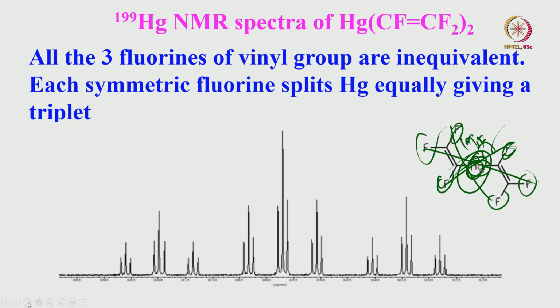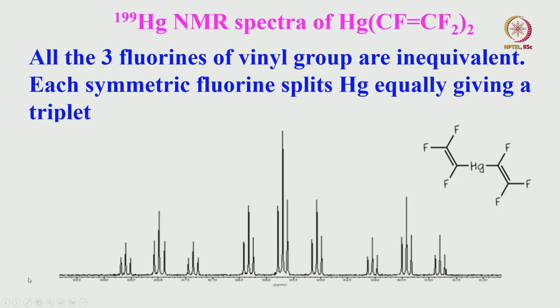As a consequence, what you are going to see is a spectrum very easy to understand. So, first this mercury is split into a triplet because of this. This will split this into a doublet, this will further split each line of the doublet into a doublet because of symmetry. Central line will overlap, as I have been telling you, it is a triplet.